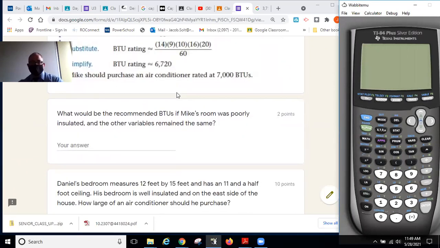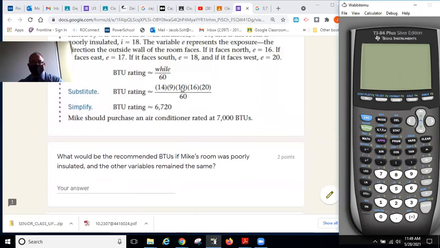So I'm going to use the exact same formula, except now that 10 becomes an 18. 14, the width, times 9, the height, times 18, poorly insulated, times the length, L, still 16, and then times 20, the west-facing exposure.